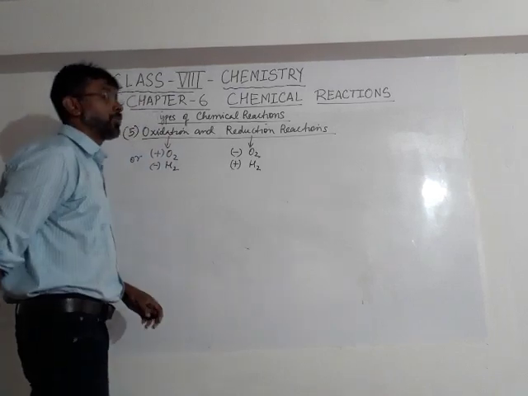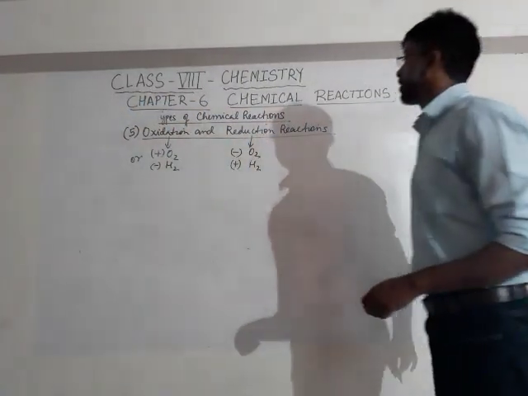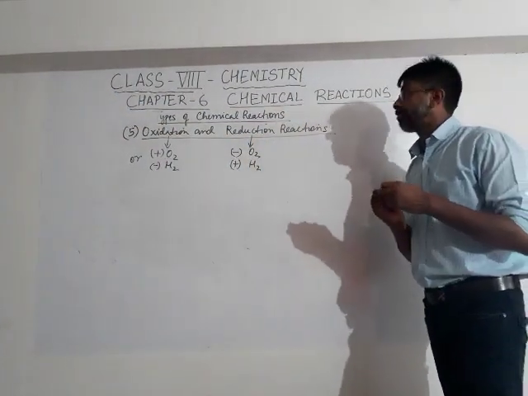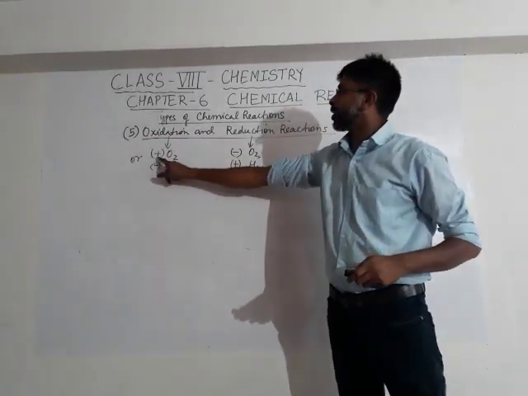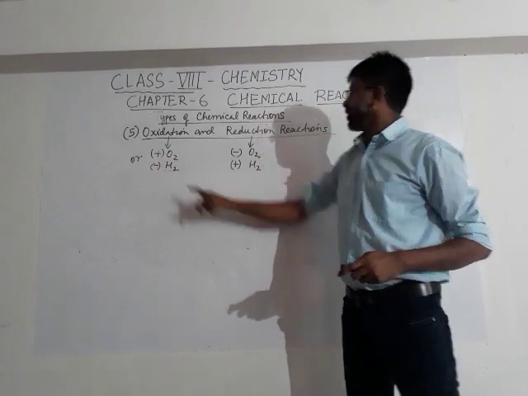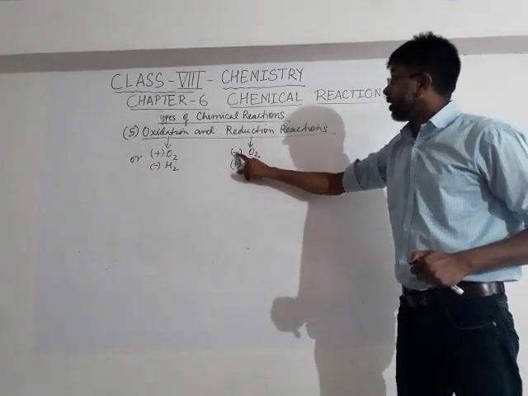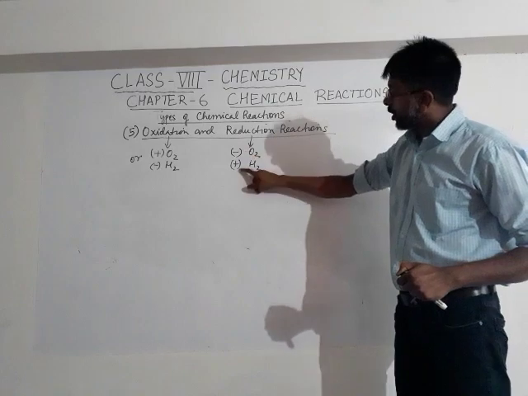This is the concept about oxidation and reduction reactions. You have to understand this properly. Again I repeat, oxidation means addition of oxygen or removal of hydrogen. Reduction means removal of oxygen or addition of hydrogen.